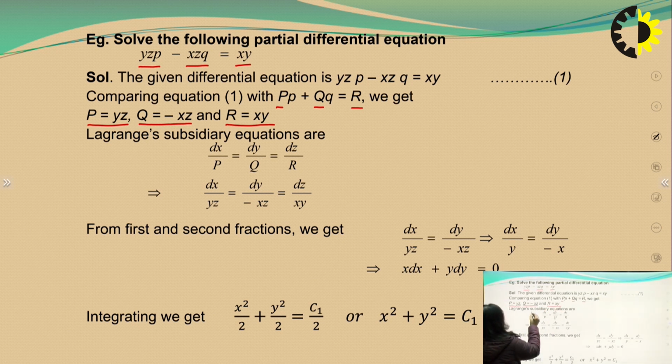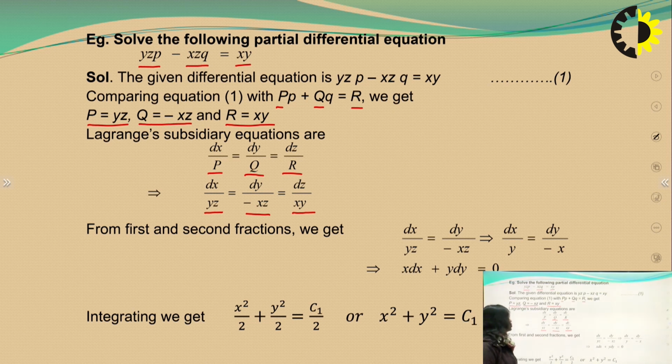Now for writing the subsidiary or auxiliary equations, we consider dx upon P equal to dy upon Q equal to dz upon R, which implies dx upon yz is equal to dy upon minus xz is equal to dz upon xy. We have substituted the values of P, Q and R respectively in the auxiliary equation.